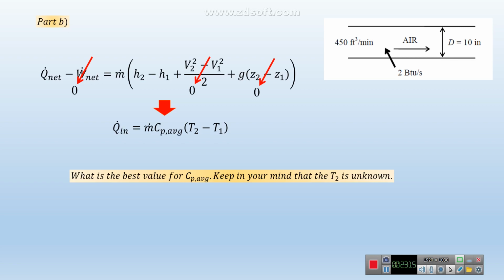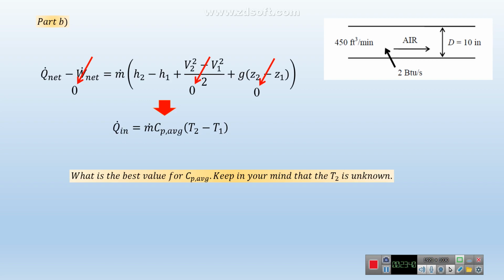And if you remember from chapter 4, for a small interval of temperature difference, you can assume that the CP is constant. Just check the reference table for the CP of air, and compare, for example, the CP at 300 and 350. You can see that the change in CP is really negligible.